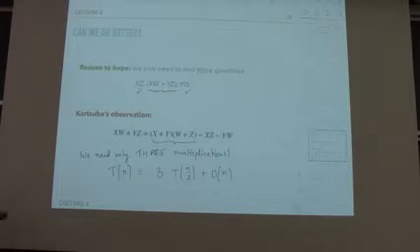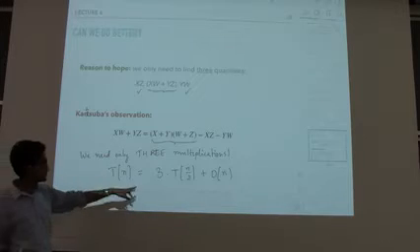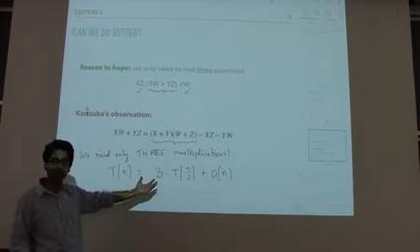So this is a key trick, Karatsuba's observation. Yeah, and this is it. So now you have a different recurrence. The only difference, note, is that it's a 3 instead of a 4.